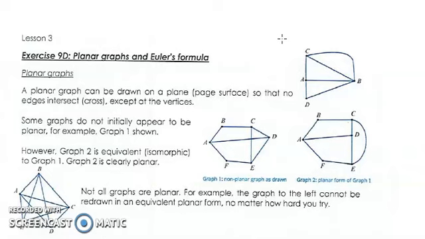Before we get into the different types of graphs, planar graphs and Euler's formula, I will say that from now onwards it can get a bit daunting having to see all the different terminologies and different establishments that you can have on graphs.